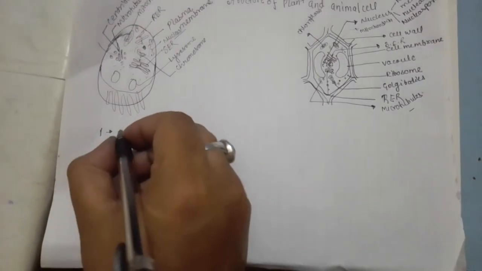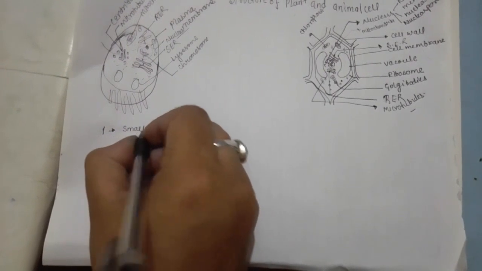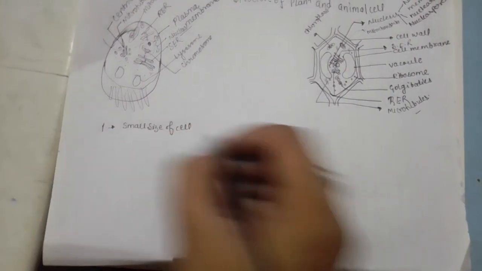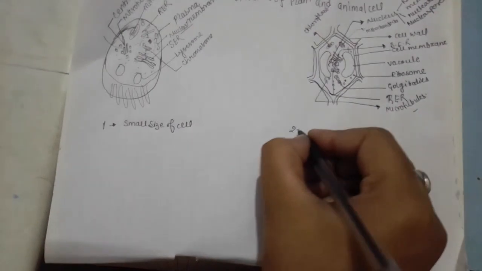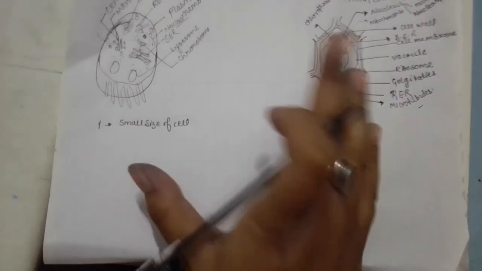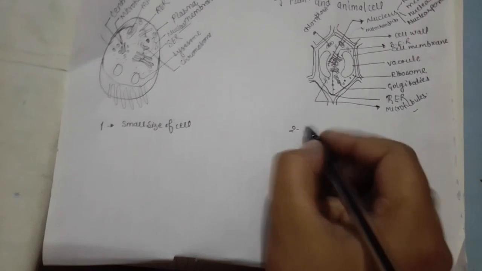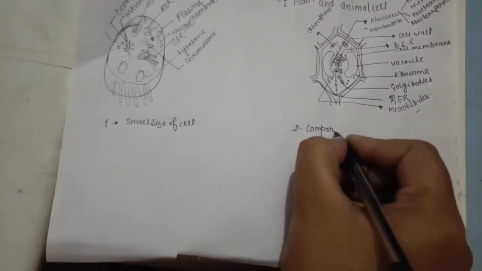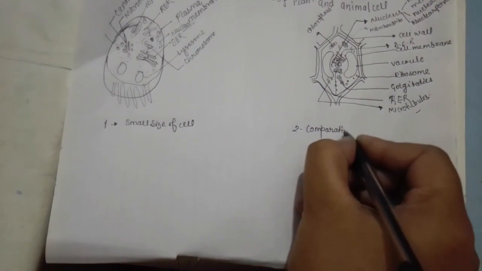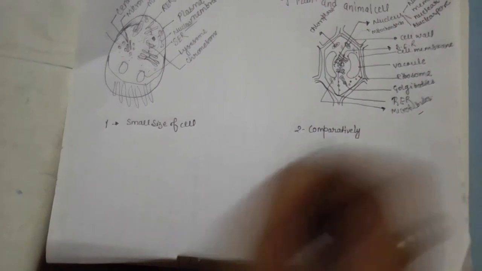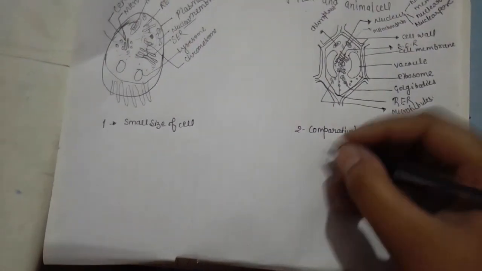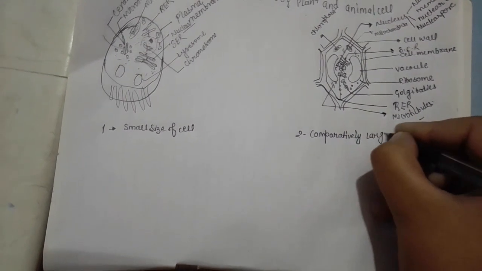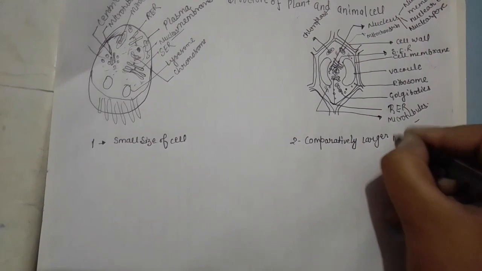So here I am writing a small size of cell, and here the size is comparatively larger than the animal cell. So here I am writing comparatively larger in size.